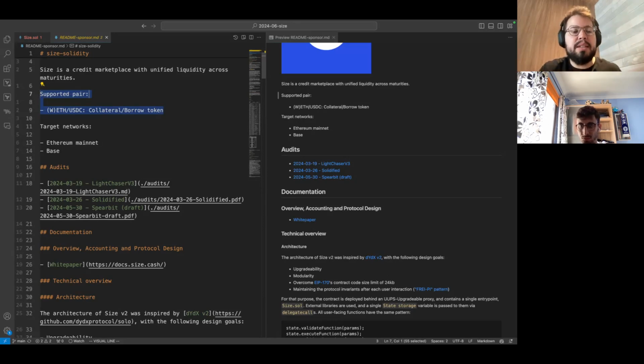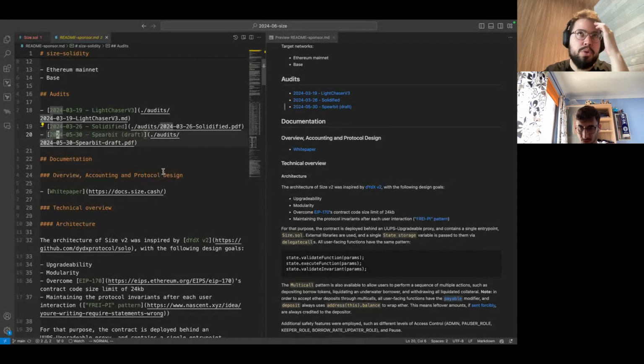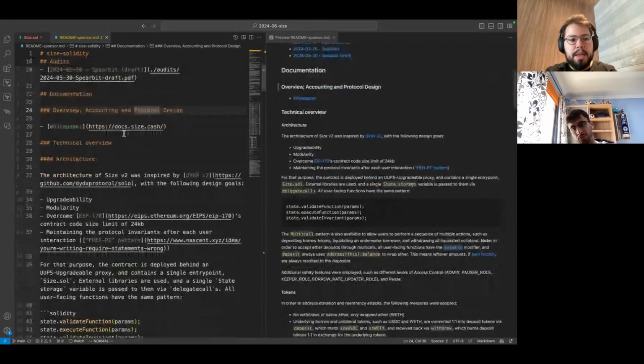But we wanted to get some feedback and start with something simple. It will be deployed on Base, also mainnet. Those are our plans. And here are some audits. It's currently undergoing a Code Arena audit right now until July 2nd.